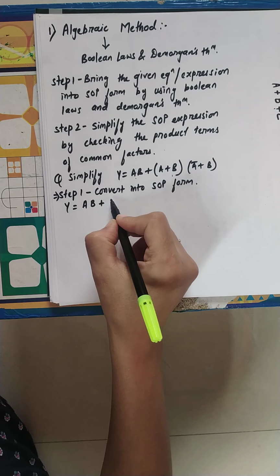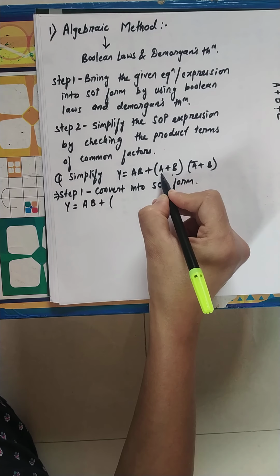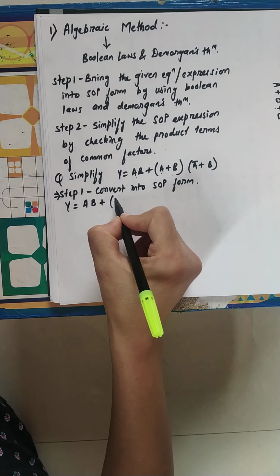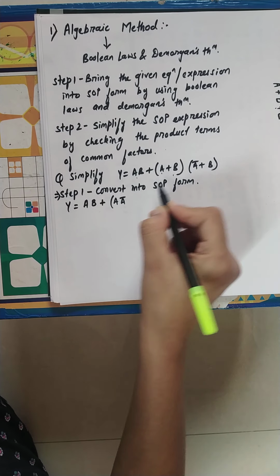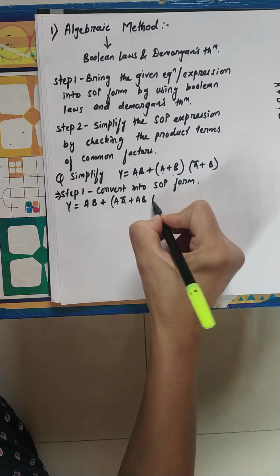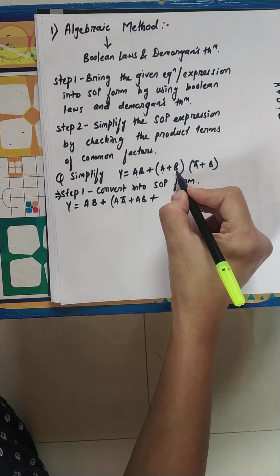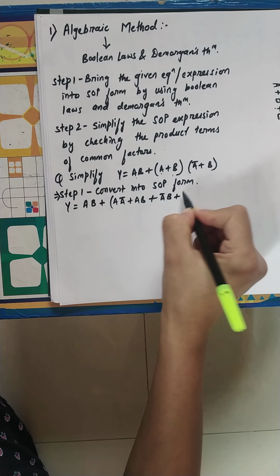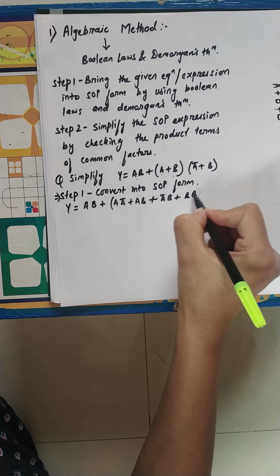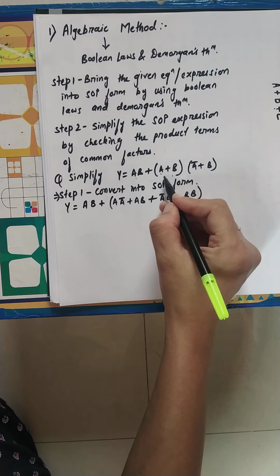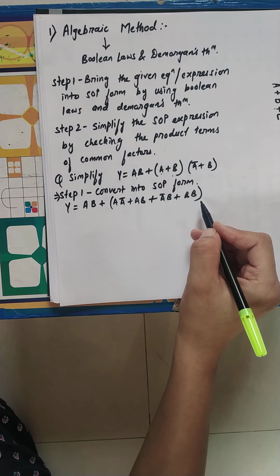I will multiply A by (A bar plus B), so I will get A A bar plus AB, plus now I will multiply B by this bracket, so I will get A bar B plus BB. So these two sum terms I have simplified here, right?